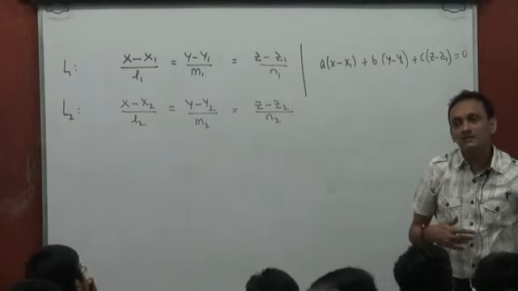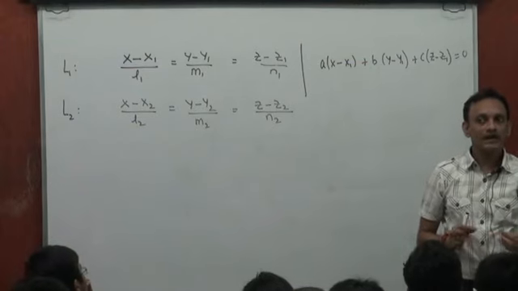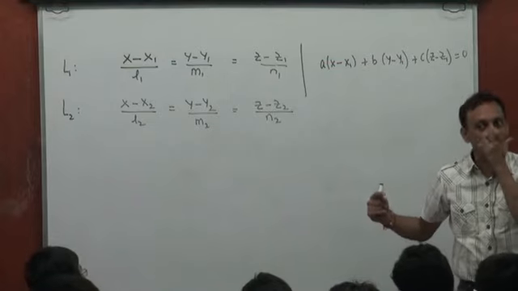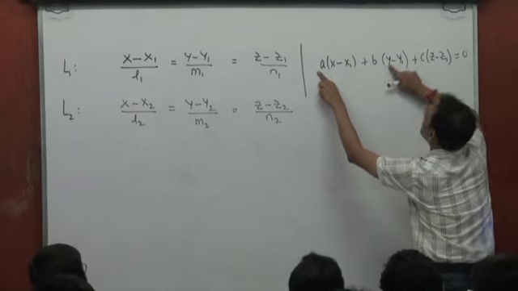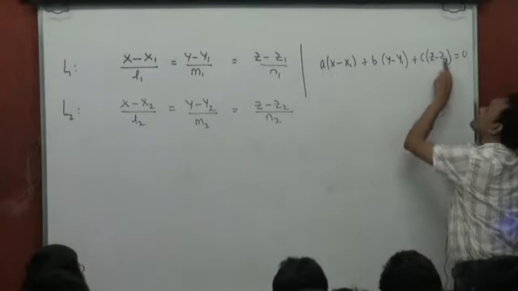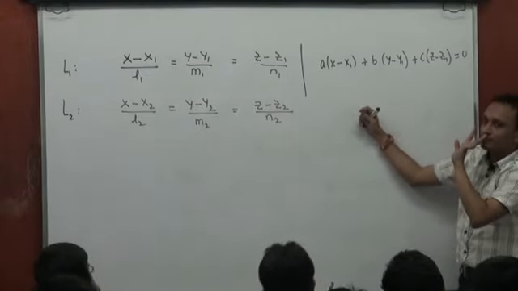You were not there in my last class. So what was the equation of a plane? Ax plus by plus cz plus d equal to 0, where ai plus bj plus ck is a normal to the plane. And minus ax1 minus by1 minus cz1 is the d. So is it not of the form ax plus by plus cz plus d? So is it not a plane?